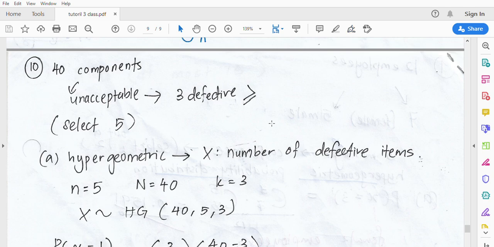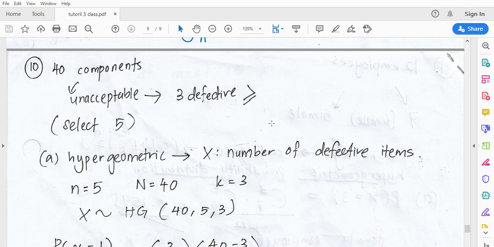Okay, so for number 10, there are 40 components. Each is called unacceptable if it contains 3 defective or more.